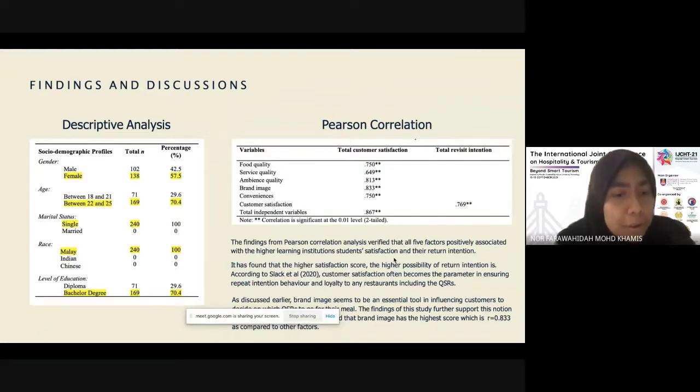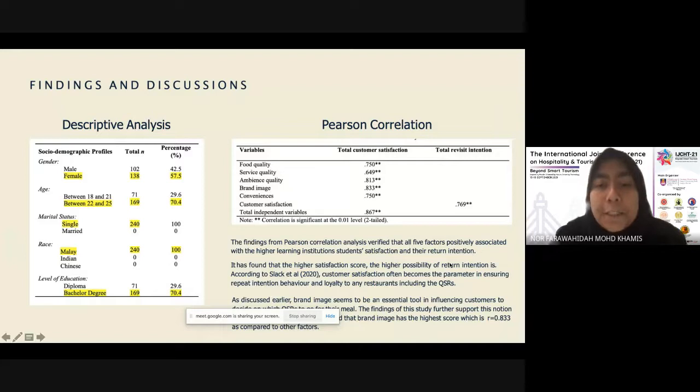This is because the majority of the respondents are bachelor degree students, at 70% of the total. Most of the respondents spend approximately 11 to 15 ringgit when visiting a quick service restaurant, and it was also found that 55% of the respondents would visit and dine in at the QSR 1 to 2 times per week.